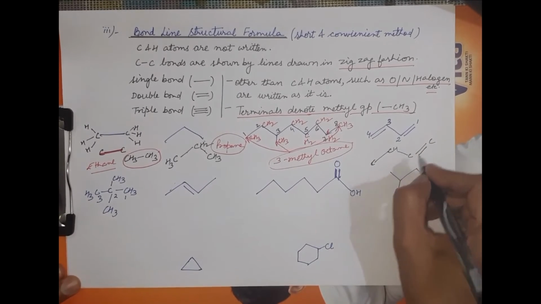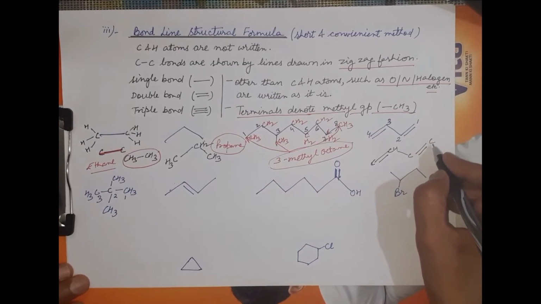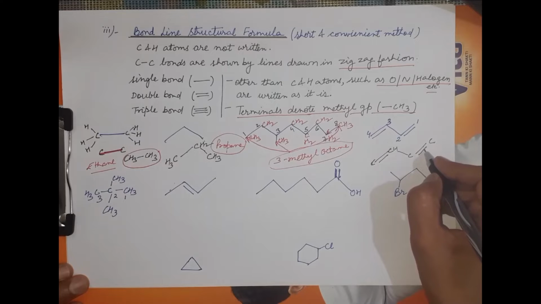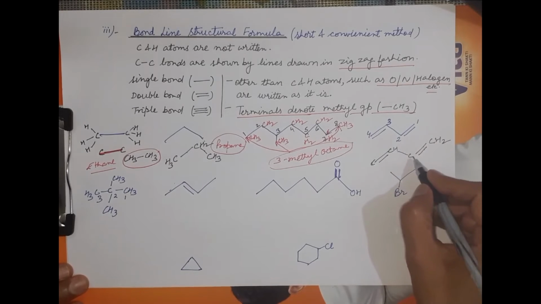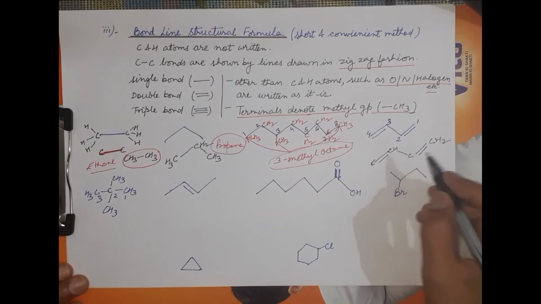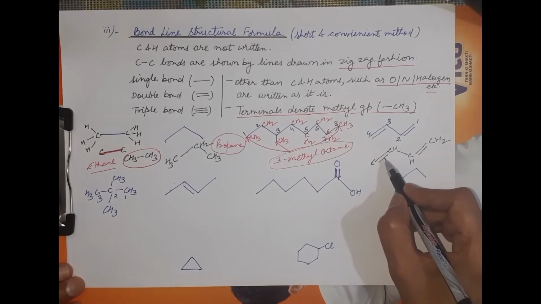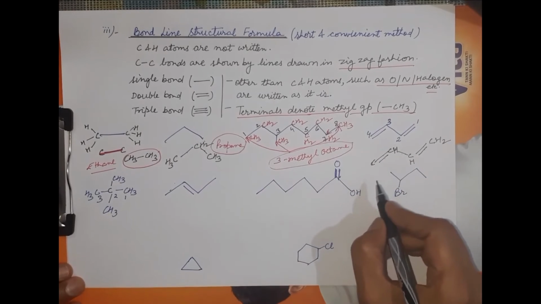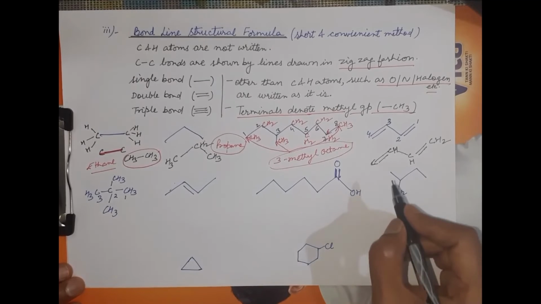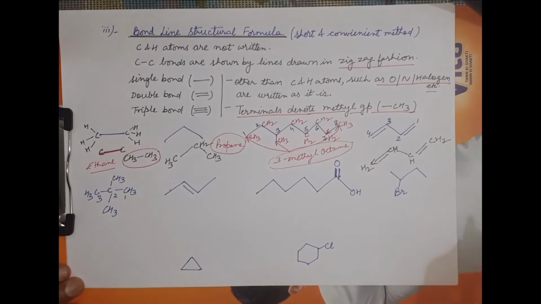And here is the double bond, and this is another double bond. So this carbon is having one double bond, so here it will be CH2. This carbon, one double bond, one single bond, it will be CH. This carbon also one double bond, one single bond, so it will also have one H. This carbon, it is having one double bond, so here it will be CH2.